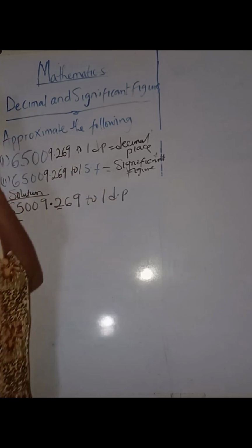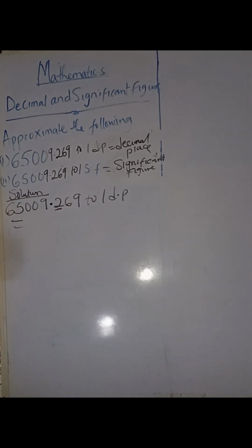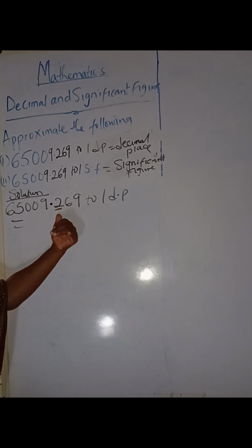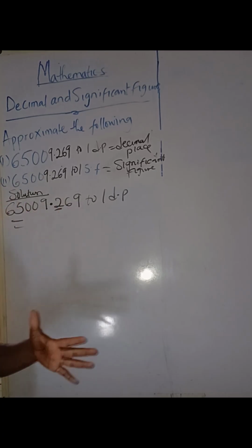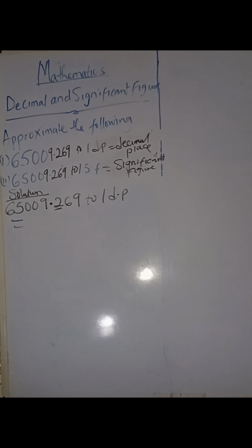But because we are doing one decimal place, this is where we start our work. You now consider the next value closer to this 2. If it is up to 5, you round it up to 1 and add it to this. If it is not up to 5, you turn it to 0. Do you get?